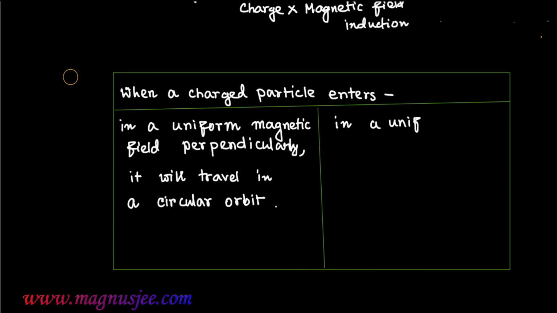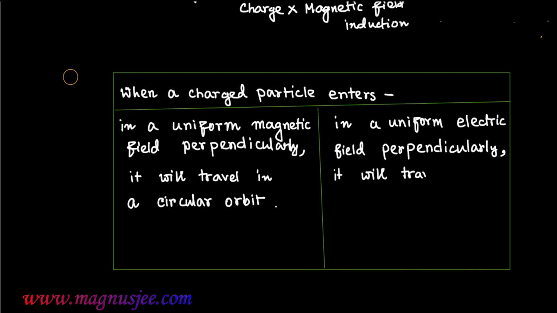And when a charged particle enters a uniform electric field perpendicularly, it will travel in a parabolic path.